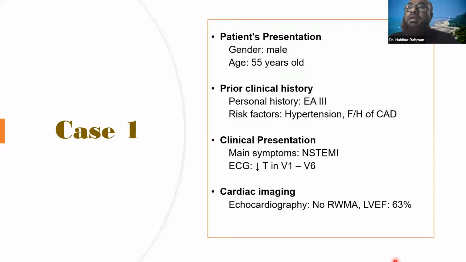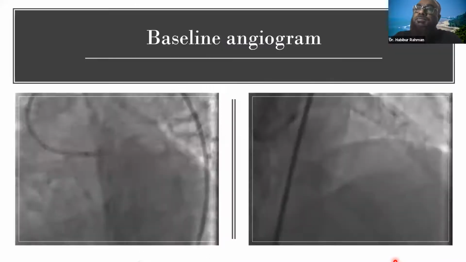So case 1 is a male patient, 55 years old. Regarding the clinical history, he was suffering from class 3 angina. He had hypertension, family history of coronary artery disease, and recently presented with non-STEMI, and ECG shows T inversion in anterior leads, and echocardiography shows no regional wall motion abnormality and good LV function.